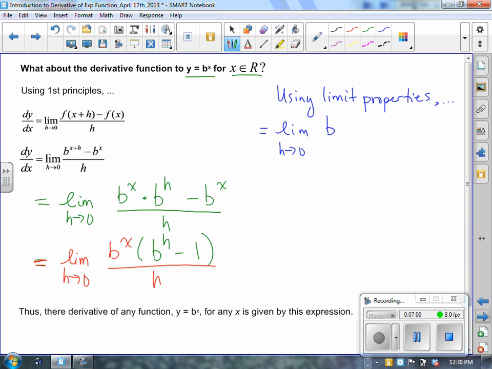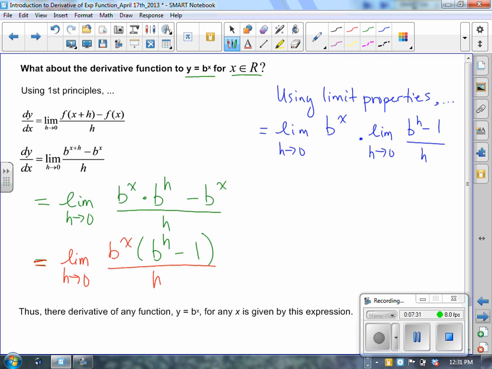Now recall that when you're multiplying fractions together, you're allowed to split the numerator. Numerators get multiplied together, as do the denominators. So I'm going to take the limit of b to the x as h approaches 0, and multiply that by the limit as h approaches 0 of what we have left, which is b to the h minus 1 all over h.